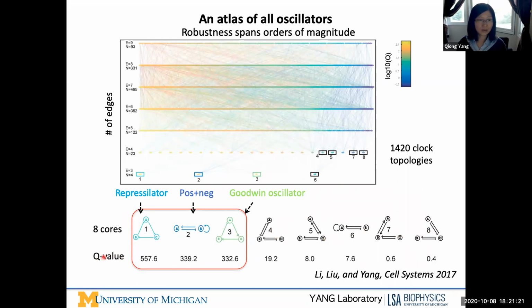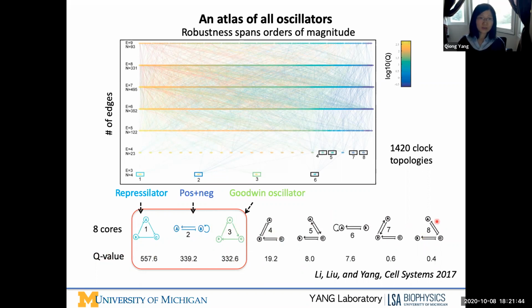Again, as a reminder, the higher the Q value, the more robust the topology is. So we found that the 3 top robust cores have robustness orders of magnitude higher than the rest of the 5. So we call these 3 robust cores, and these 5 non-robust cores.